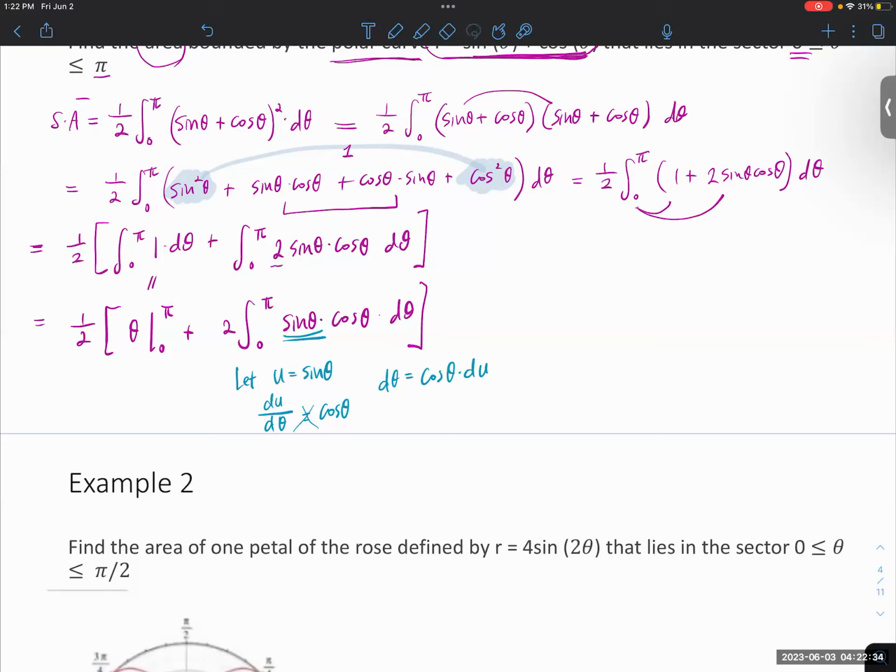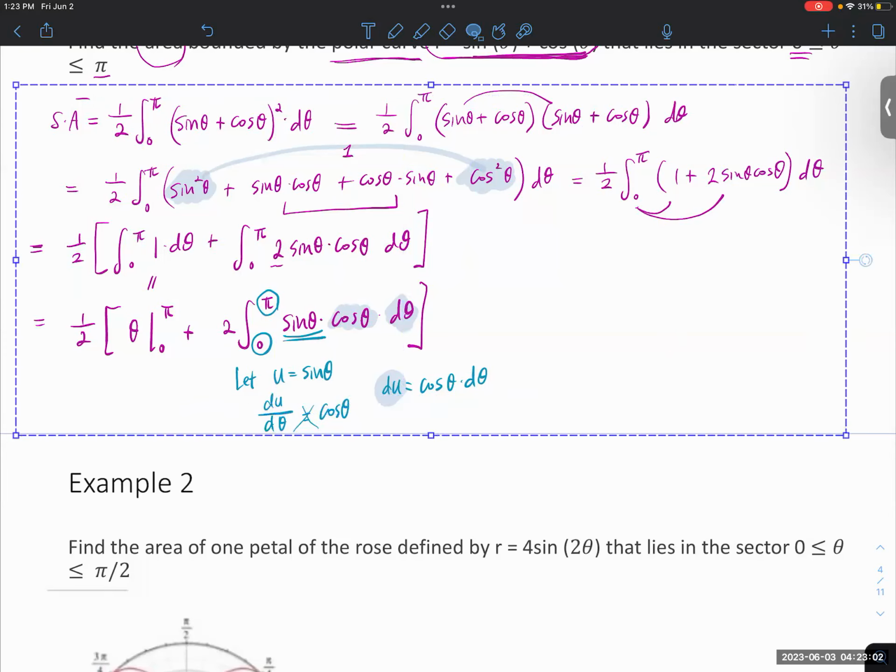Or actually, I made a small mistake. Du is equal to cosine theta times d theta. So what does it mean? Cosine theta d theta is going to be du. And since we change every theta in terms of the u variable, we're going to change the interval in terms of u.